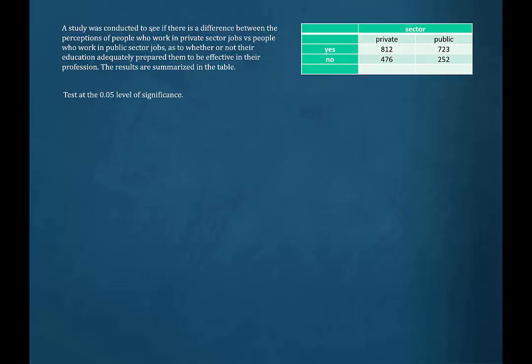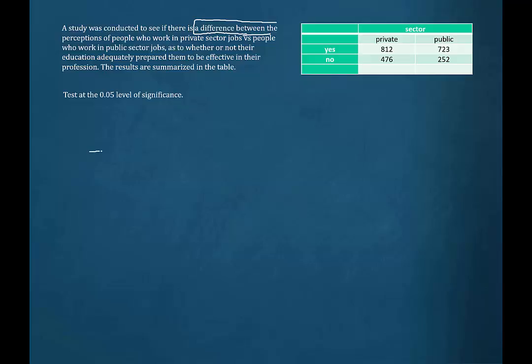So we are to test to see if there is a difference between the perceptions. And so what we'll be dealing with then is a difference in proportions.